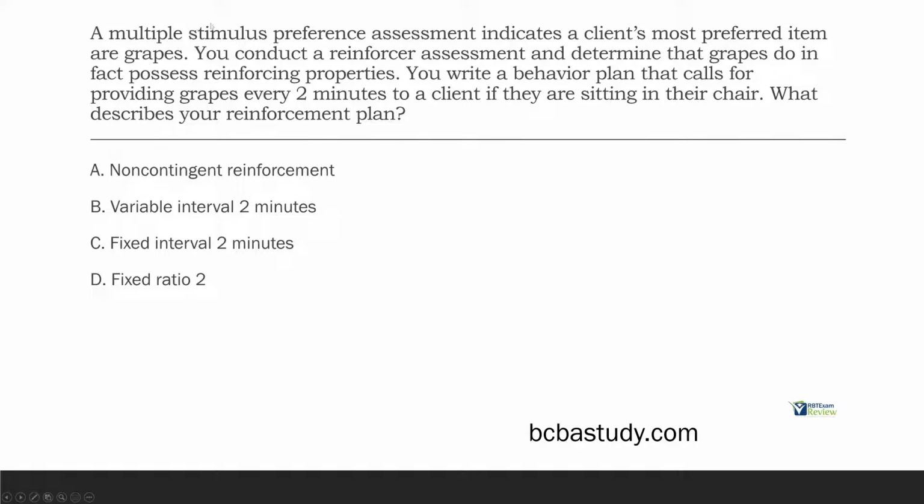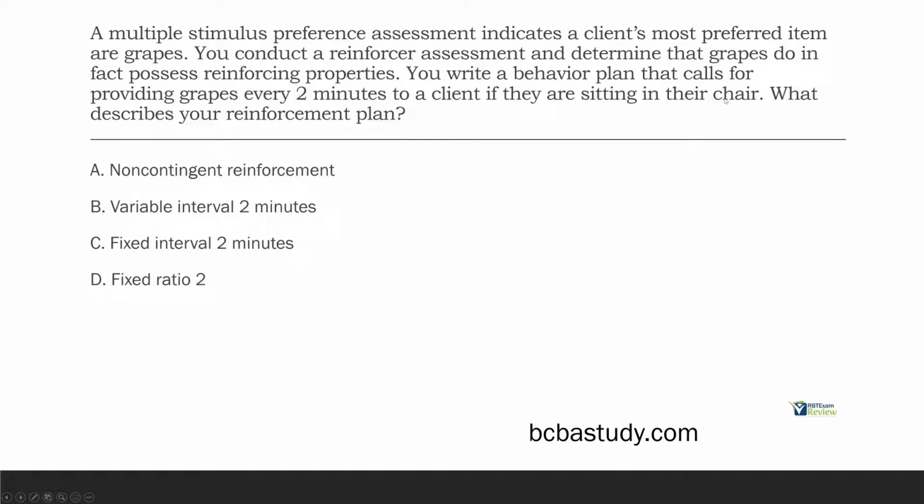Well, we've done the preference assessment, identified grapes. We've done the reinforcer assessment and know that grapes do in fact possess reinforcing properties. So it's not an issue. These are reinforcing. Our plan is providing grapes every 2 minutes to a client if they're sitting in their chair. So is it going to be A, non-contingent reinforcement? Well, no, there is a contingency in place.